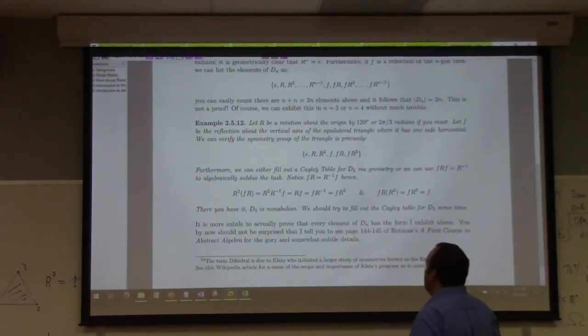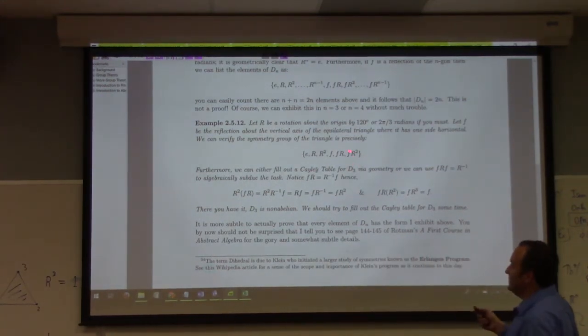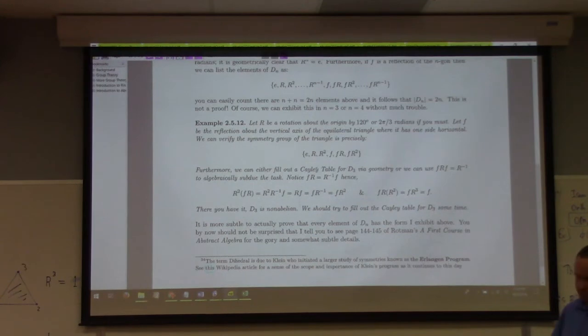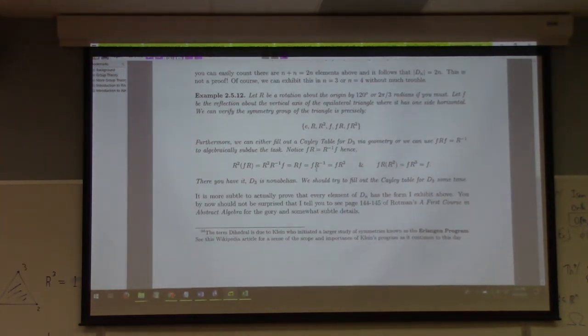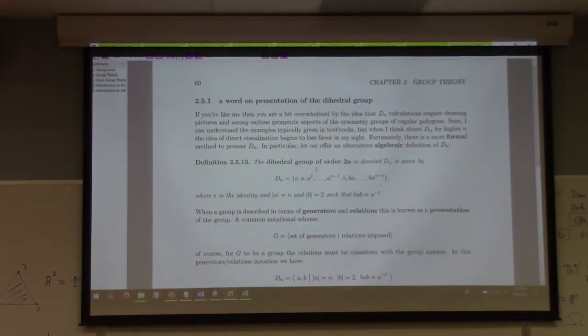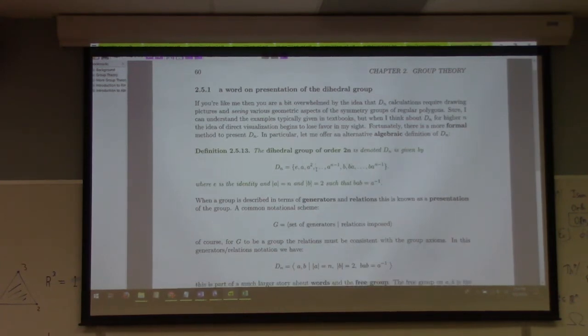So these are the possible symmetries of the equilateral triangle in the plane. Now, that's a group with 6 elements. Do you care to guess what it's isomorphic to? S3 is correct, yes. And I have a proof of that in this section, actually.